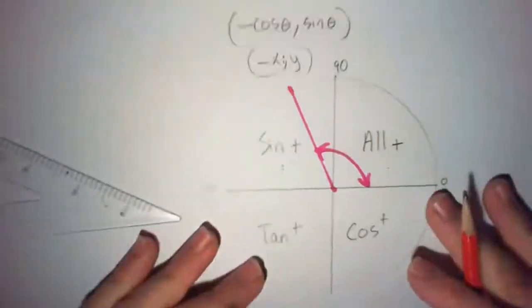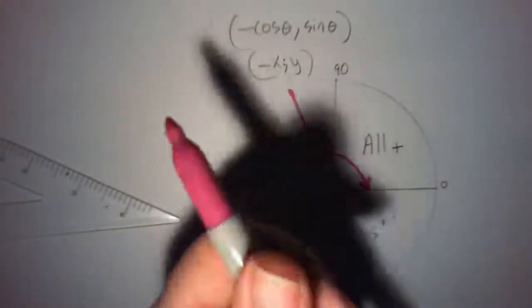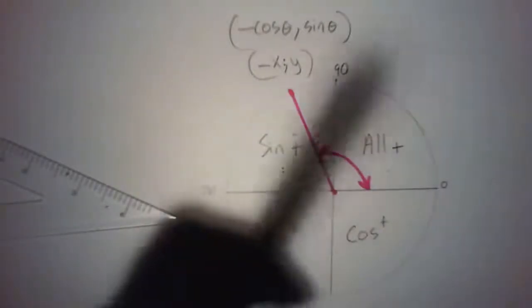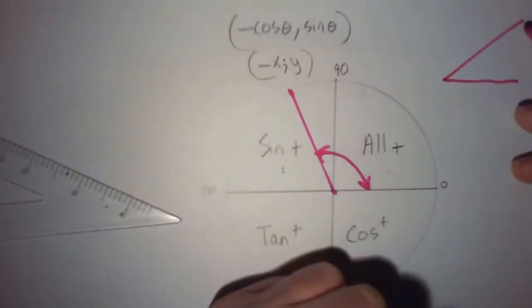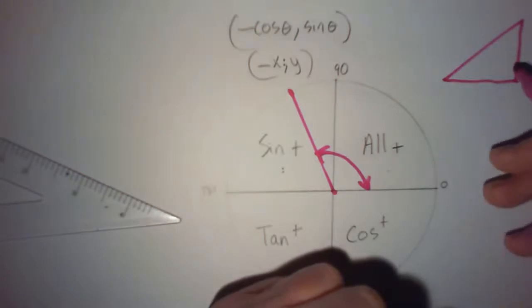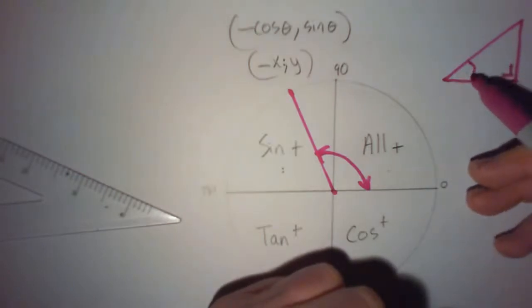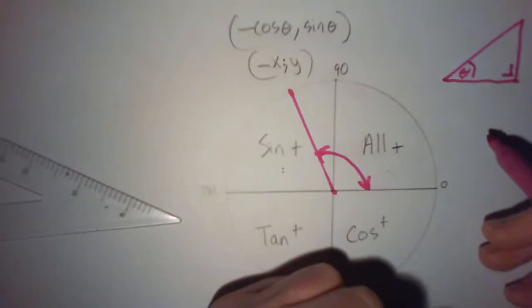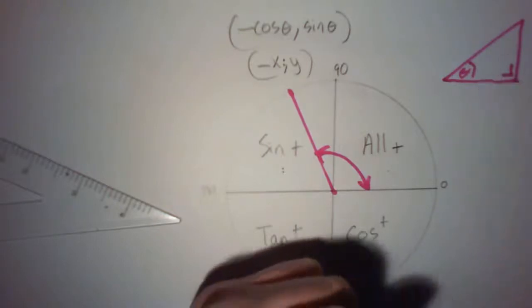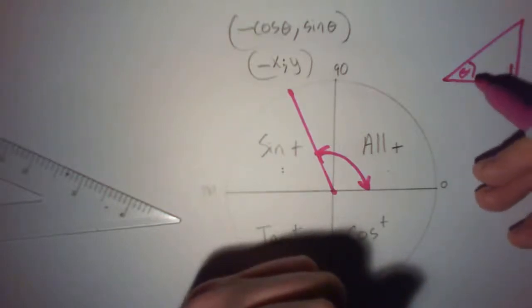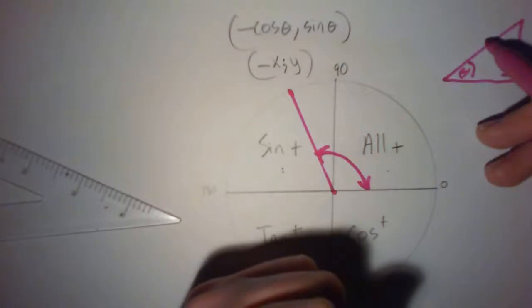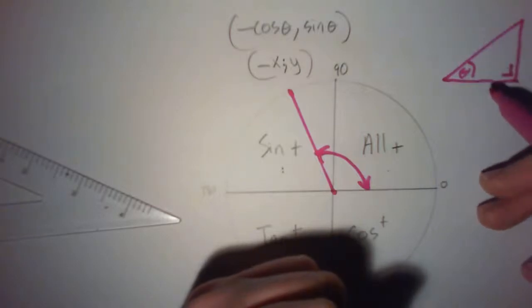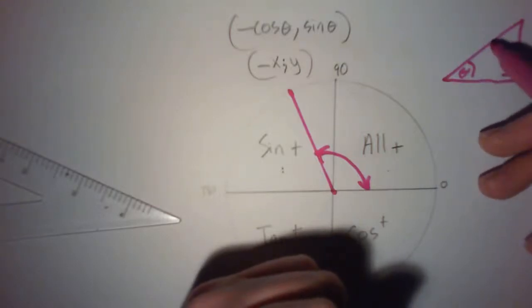But what about tan? Where are we going to derive tan from? Okay, well, go back to your right angle triangle just for a second, just to visualize it. Okay? Let's pick an angle. The sine of that angle is this side over this side. Am I right? The cos of that angle is this side over this side.